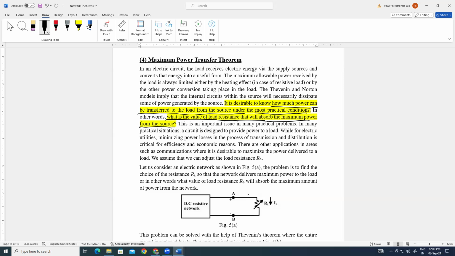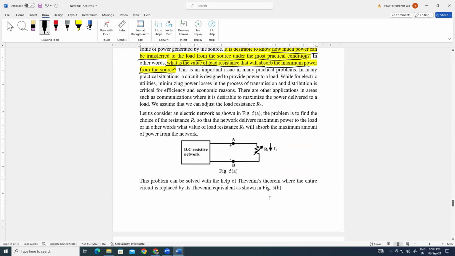This is directly or indirectly related to the application of Thevenin's theorem. So let us consider an electric network here. In this problem, we have to find the choice of the resistance RL so that the network delivers maximum power to the load. Or in other words, what value of load resistor will absorb the maximum amount of power from the network.